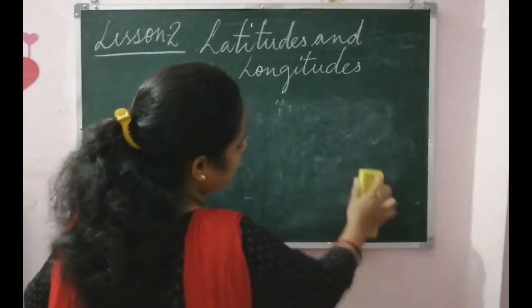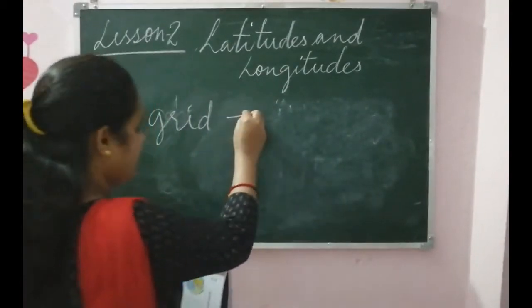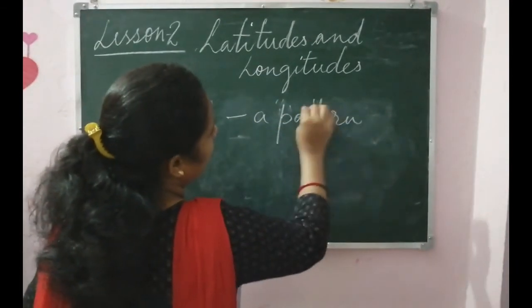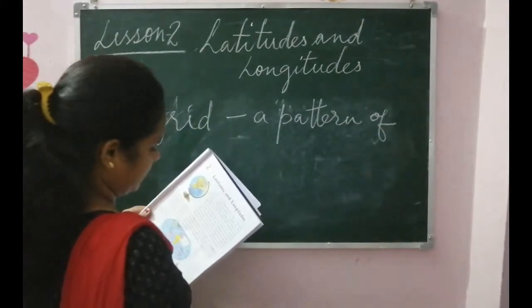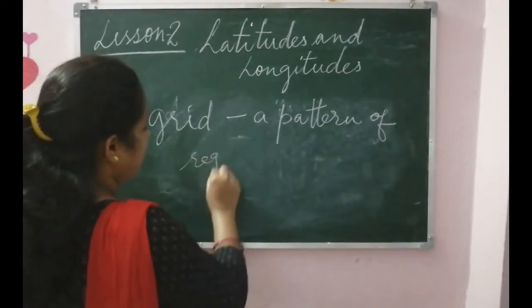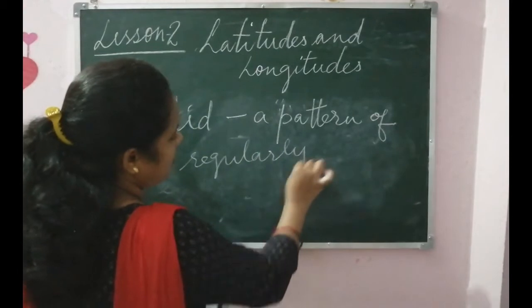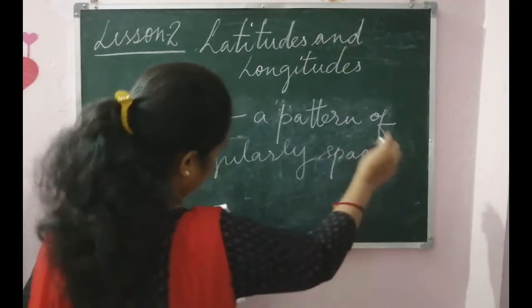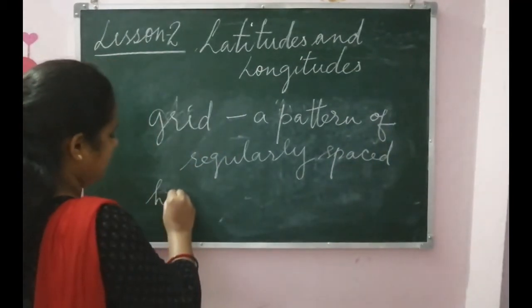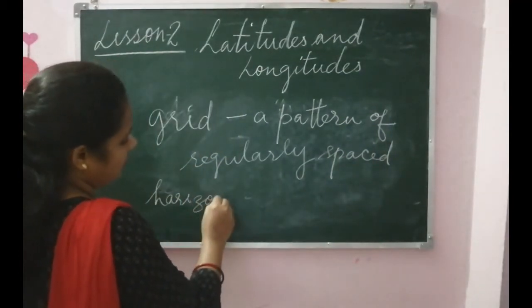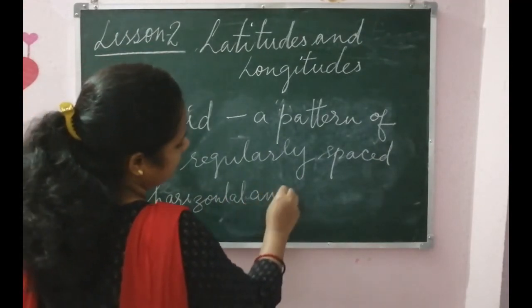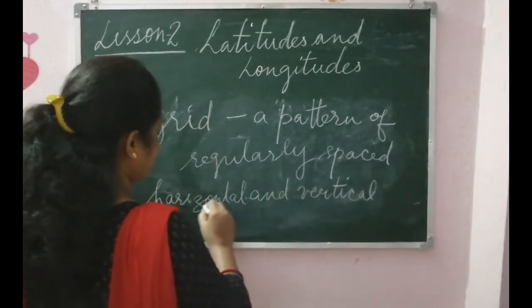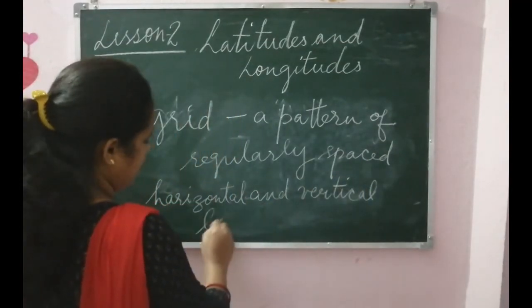If I ask you what is a grid, you will say grid is a pattern of regularly spaced horizontal and vertical lines.